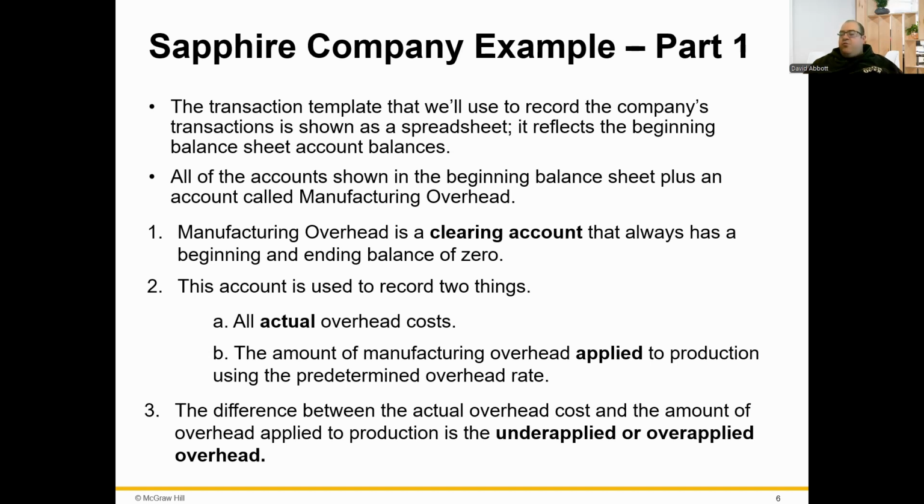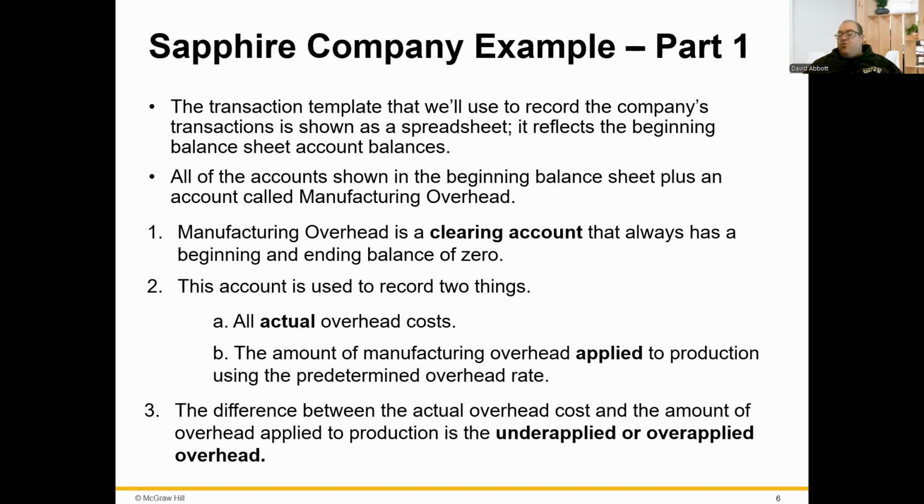All of the accounts shown in the beginning balance sheet, plus an account called manufacturing overhead. Manufacturing overhead is a clearing account that will always have a beginning and ending balance of 0. But we'll use it in order to calculate this, and then we'll close it back out to make it go back to 0.